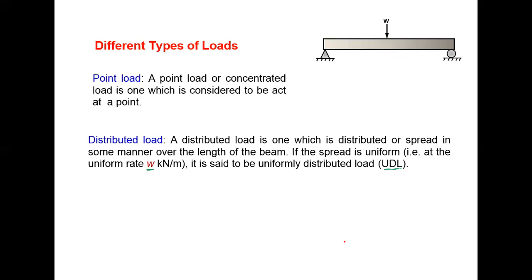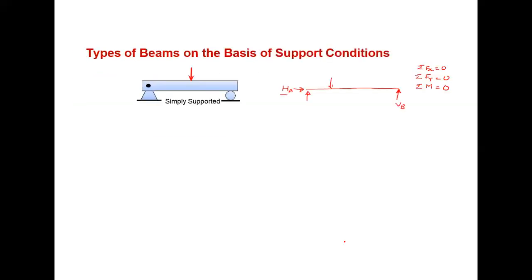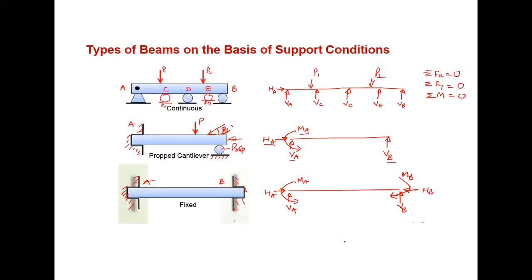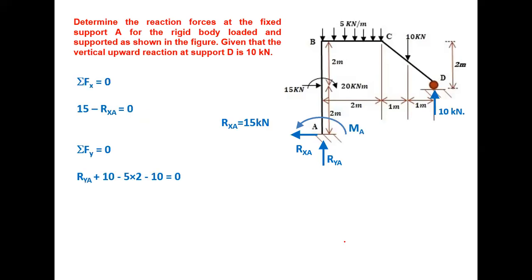In the coming lectures we will study different types of loads, and then we will also study types of beams depending on the support condition and loading condition. Then we will try to solve some problems based on the types of loads and beams.